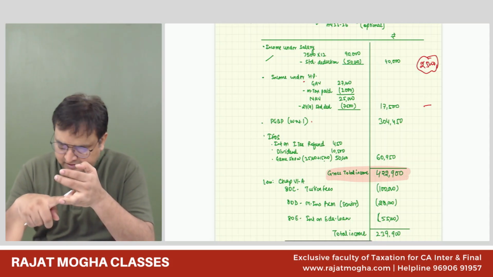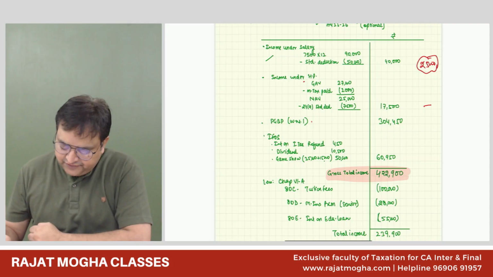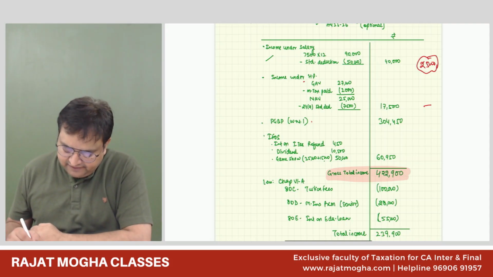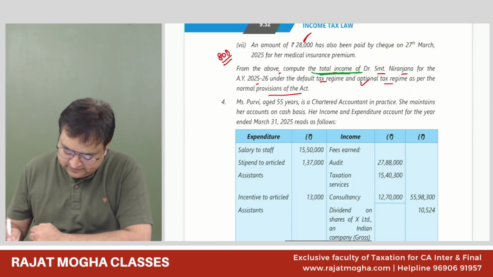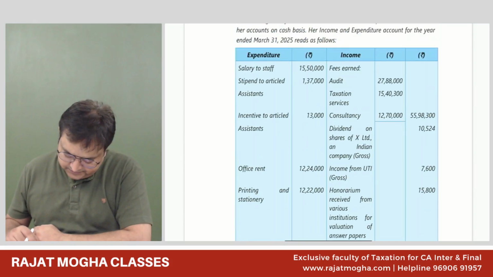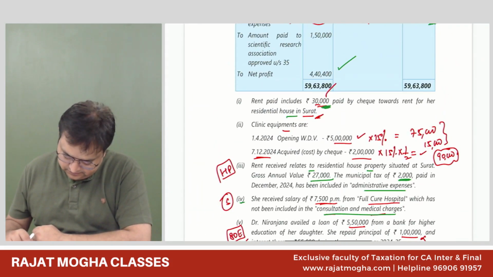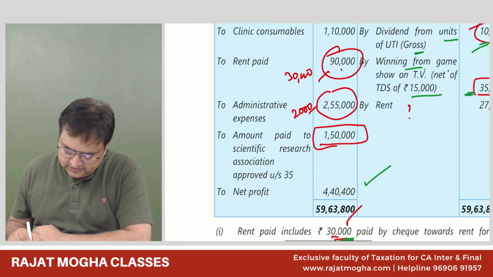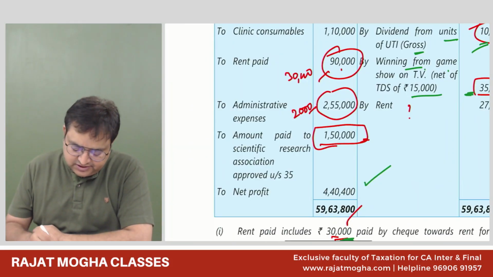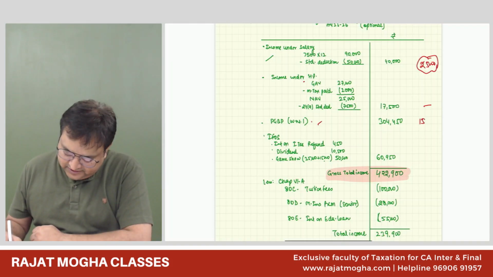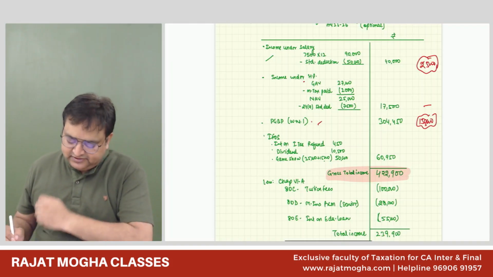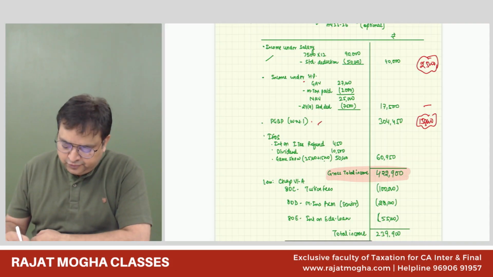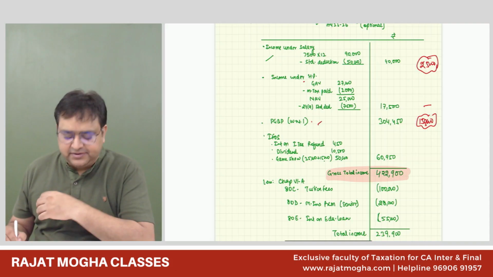We have actually given a deduction of 1,50,000 rupees. So we should not give this deduction, this 1,50,000 deduction would not be available over here. So this is an adjustment. 25,000 we have to give as deduction, but 1,50,000 we have to take back.